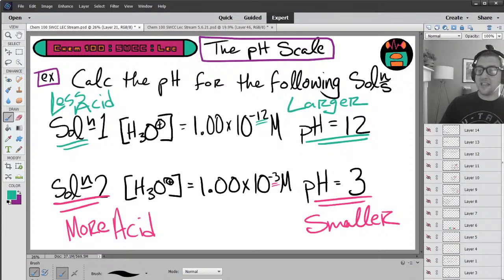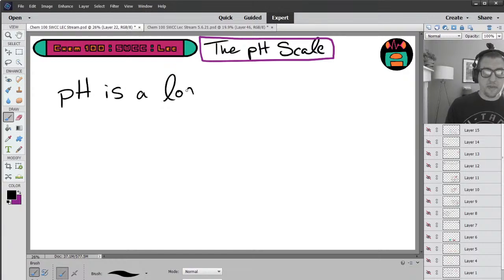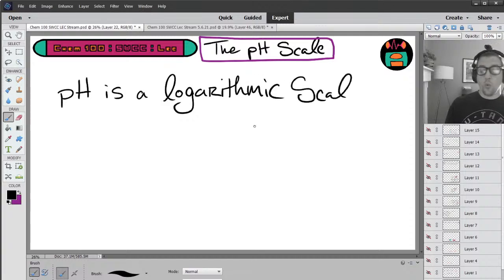The second thing that I want to point out is that the pH scale is a logarithmic scale. What does that mean?